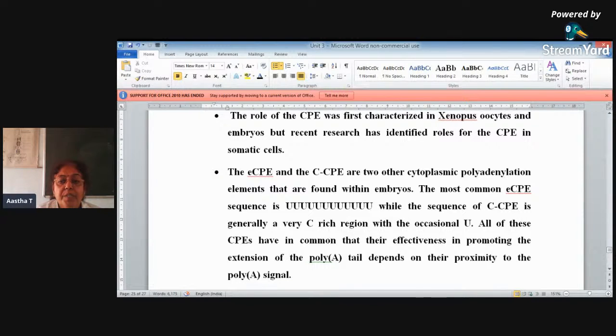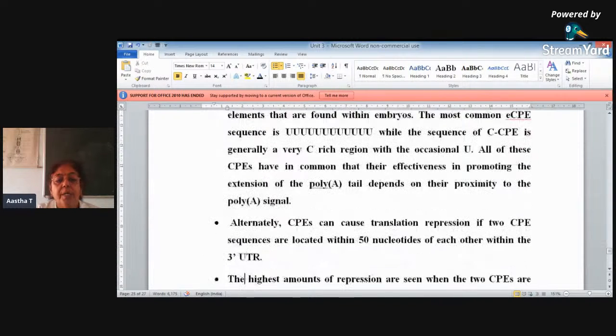While the sequence of C polyadenylation is CCCCC region and मध्ये कुठेतरी U regions. All of these CPEs have in common their effectiveness in promoting the extension of poly A tail depending upon their proximity to the poly A signal.